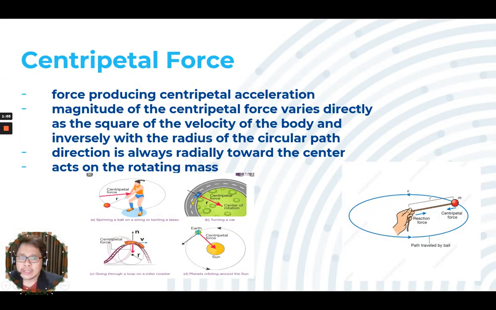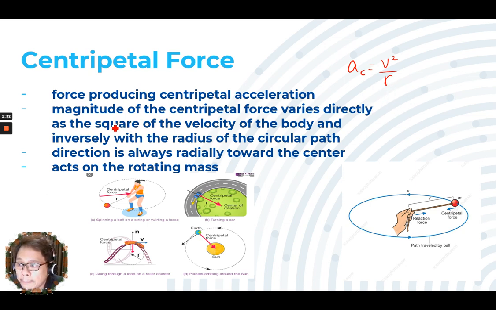What is centripetal force? Force producing centripetal acceleration is centripetal force. The magnitude of the centripetal force varies directly as the square of the velocity of the body and inversely with the radius of the circular path. From the previous slide, we know that a sub c, the centripetal acceleration, is given by a sub c equals v squared over r.